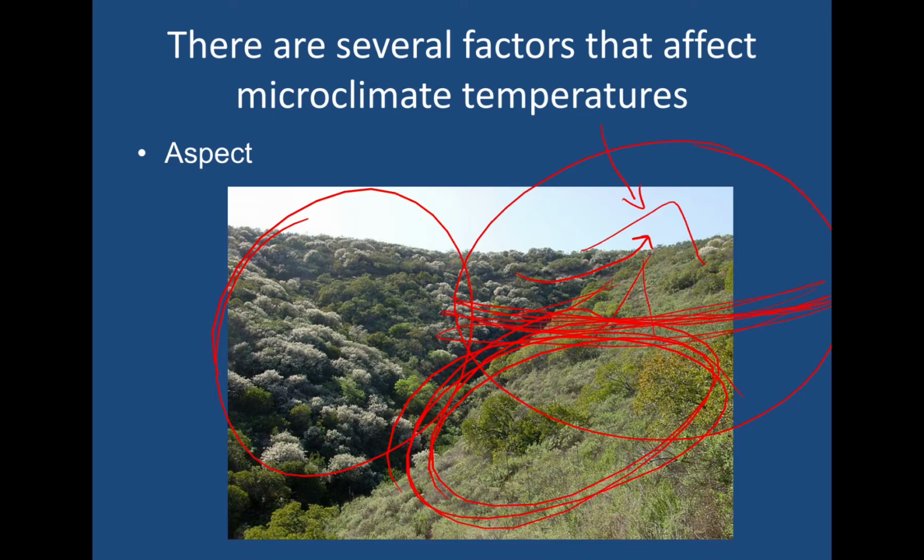Now, take note that in regions closer to the equator, the sun shines on both aspects more or less equally. So the differences between north and southern aspects are less pronounced. But, of course, other factors may still affect topography.